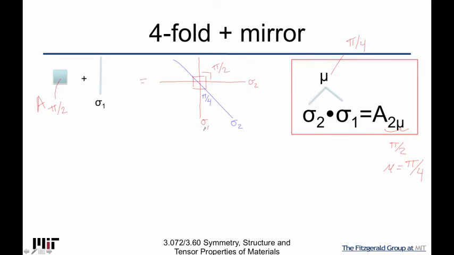So sigma 1 and sigma 3, if I call this sigma 3, are the same type of plane, where sigma 2 is unique and generated by this combination theorem, which means it creates another whole distinct element.